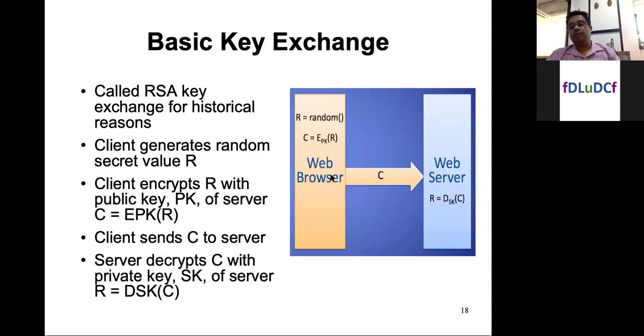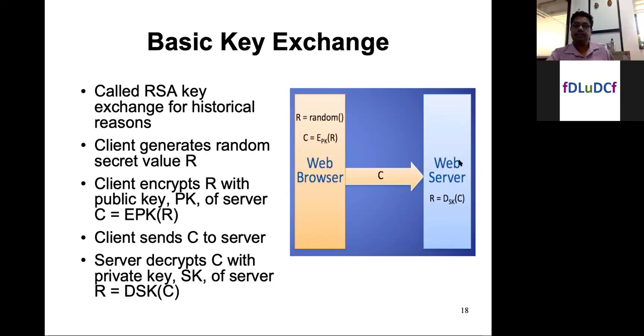So after the browser receives that public key, it generates a random number R and encrypts it using the public key it received. Then the browser sends this ciphertext, called C, to the web server. When the web server receives that encrypted random number, it can decrypt it.